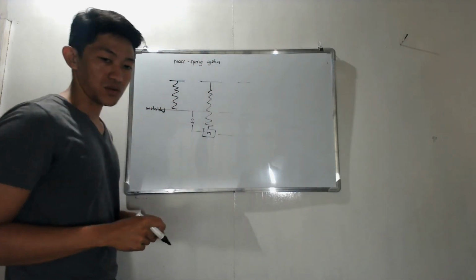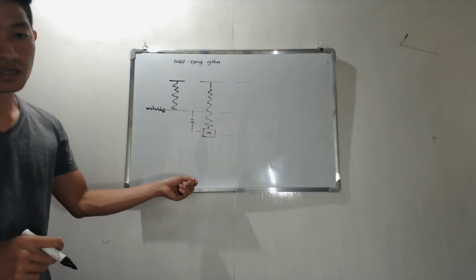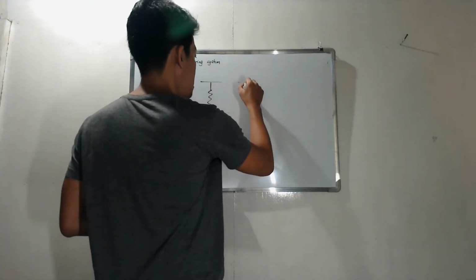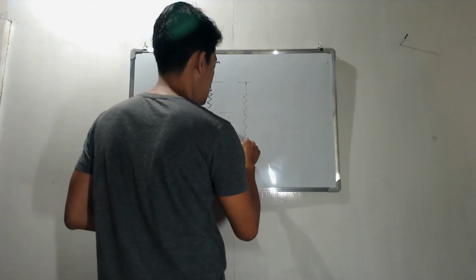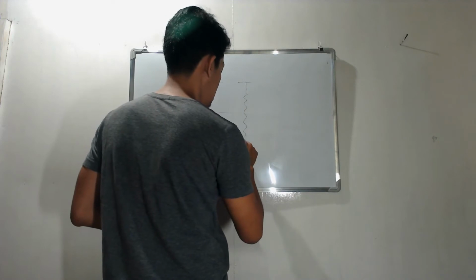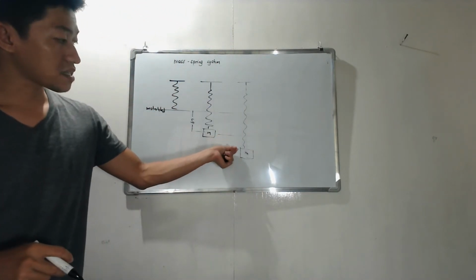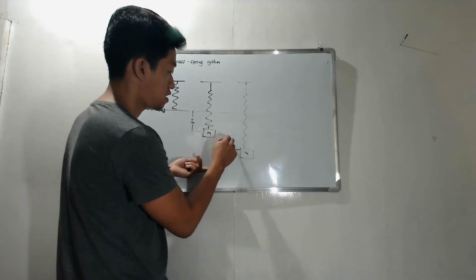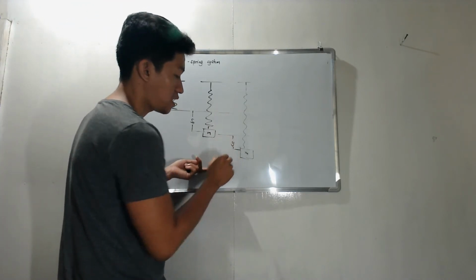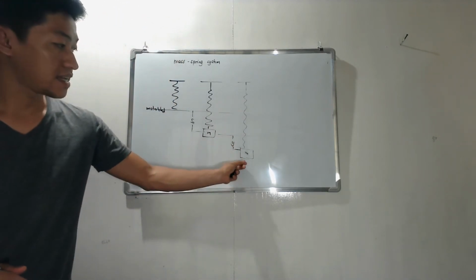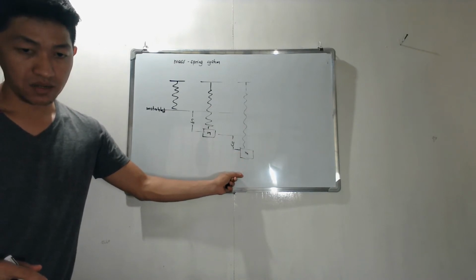How about if you pull this one? If you pull this one at a distance y, you pull that one and then release.